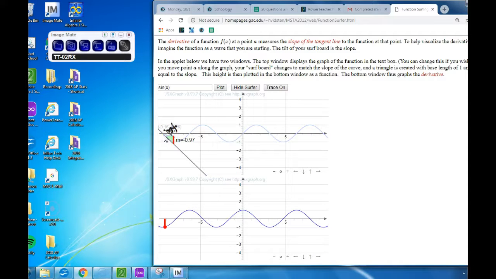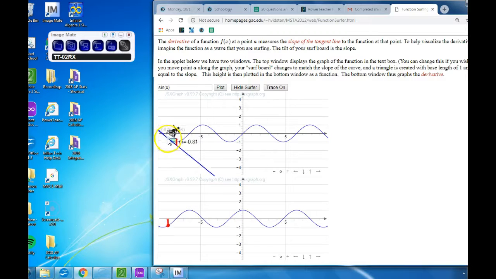At this x value, is your slope positive or negative? The slope of the surfboard is negative, right? So if we go down to the derivative graph, the y value needs to be negative. If I read across, I can tell exactly what it is. What is the slope of it? -0.97, and if I read down here, what's the y value of this graph down here? I mean, we're estimating, but it's about -0.97, right?